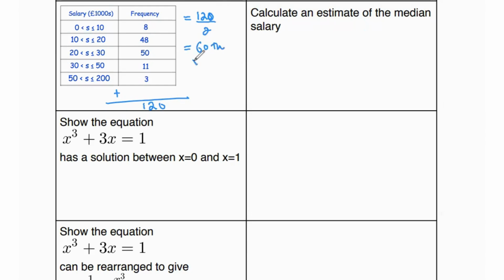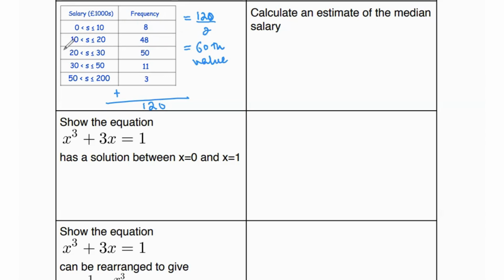So we have to find the 60th value in the frequency. To find that, we start adding the frequencies one by one, beginning from the first one. So 8 plus 48 gives us 56. And for 56 to be 60, we need to add 4 to that.